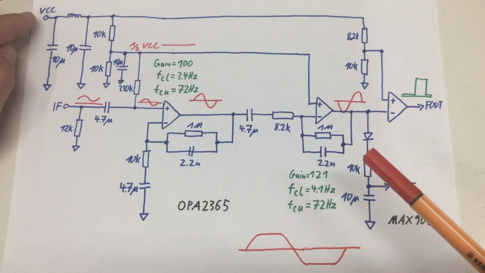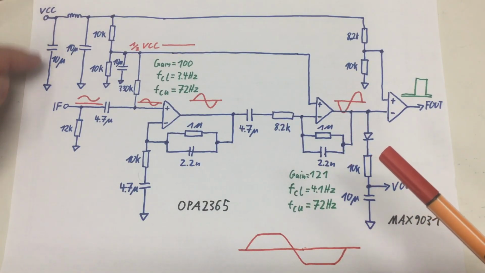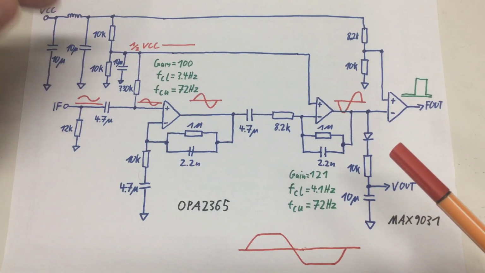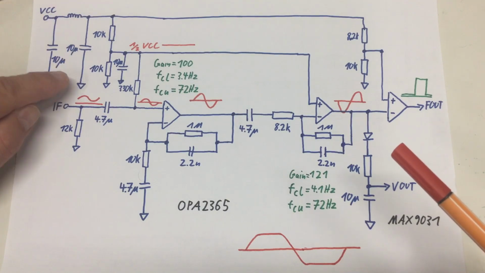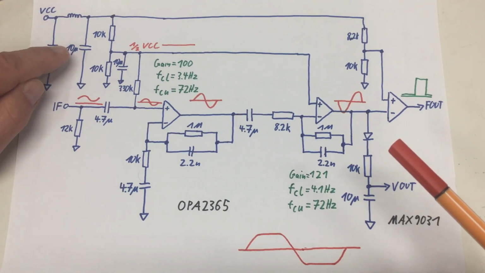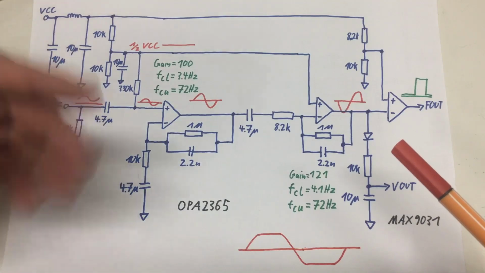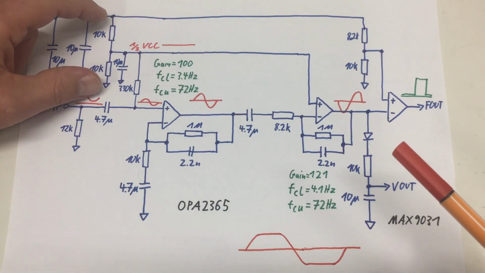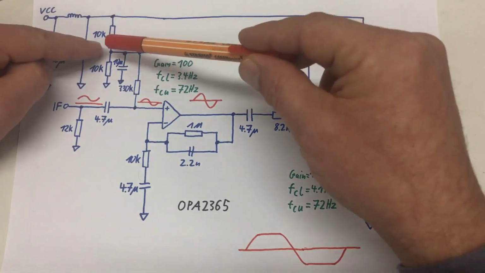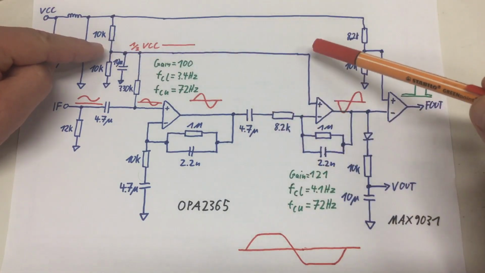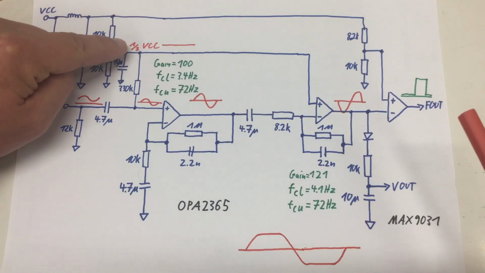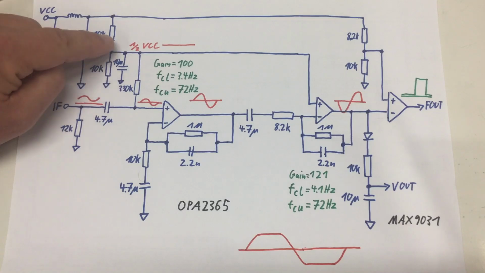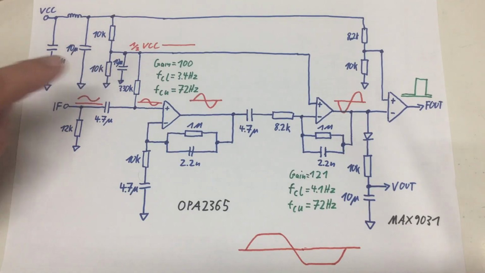Anyway, VCC 5 volt comes in here, is filtered by a 10 micro cap, and then we have a little ferrite bead here for extra filtering, and then comes another 10 micro cap, so our 5 volt rail is really filtered to the death. Then we have this 1-to-1 voltage divider here, which gives us an additional voltage rail at 1/2 VCC, so 2.5 volts, and that's also filtered by a 10 micro cap.